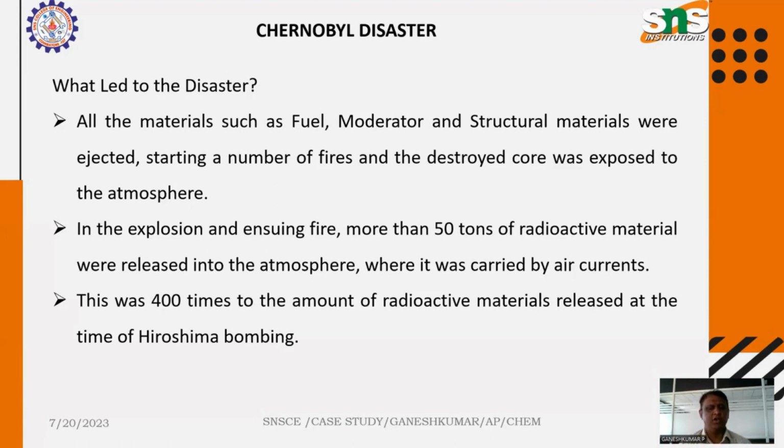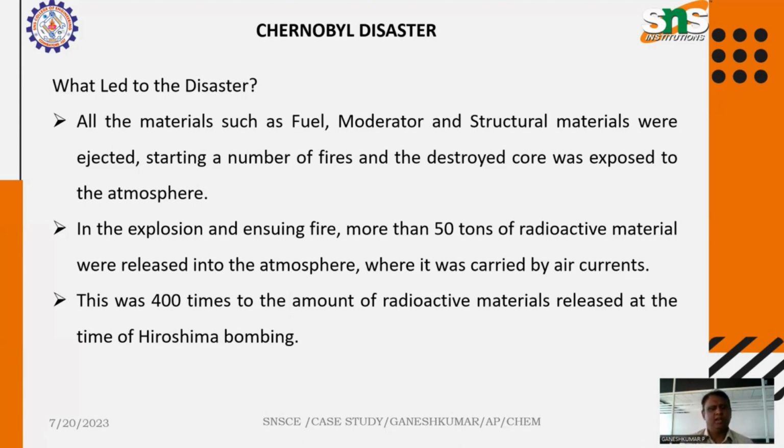The core contained nuclear active material. So when it was exposed to the atmosphere, through the explosion and the ensuing fire, more than 50 tons of radioactive materials were released into the atmosphere, where they were carried by the air.